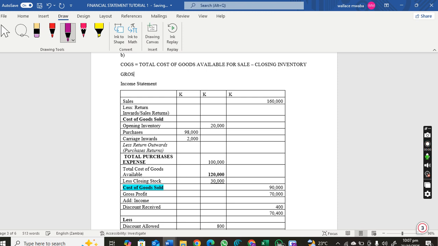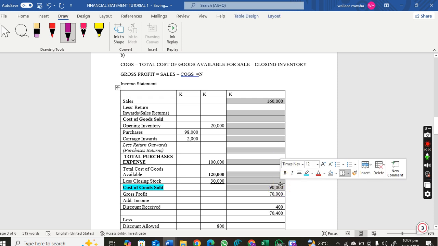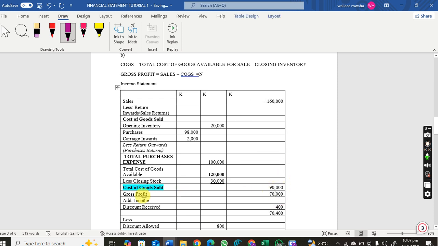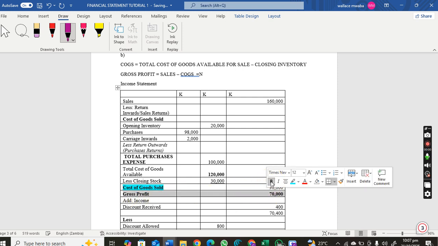Then to get your gross profit, it is sales minus cost of goods sold. So sales 160,000 minus cost of goods sold 90,000, we get a gross profit of 70,000. And this is where the trading account ends.